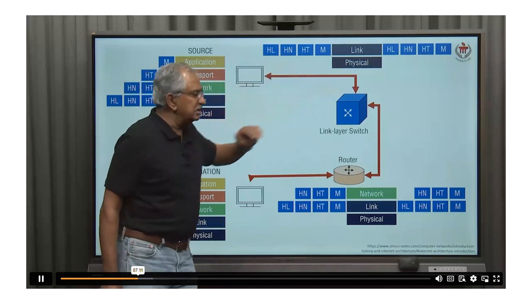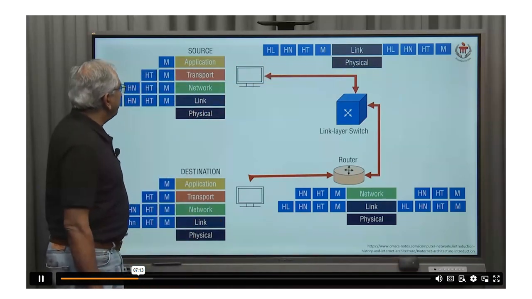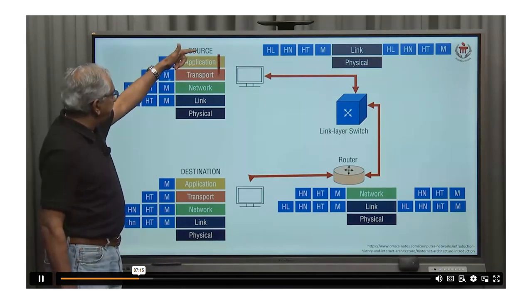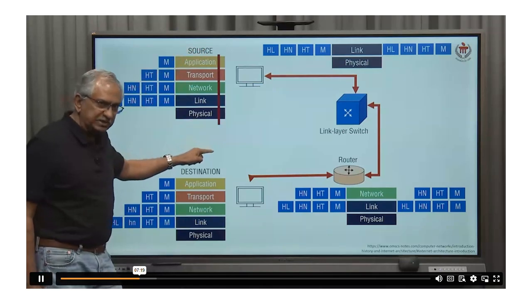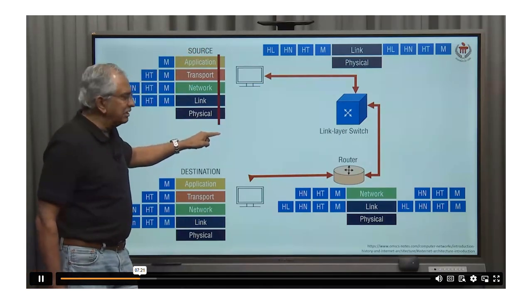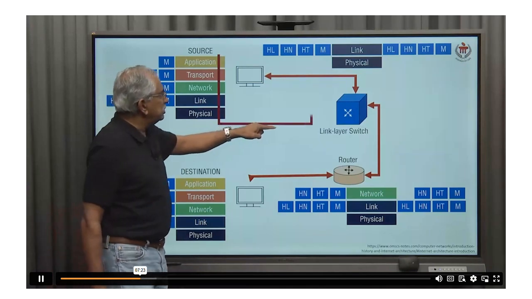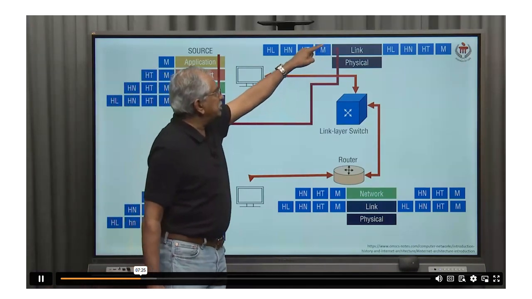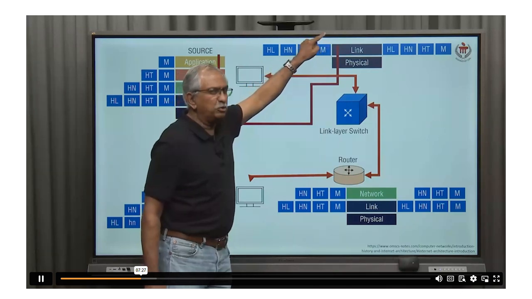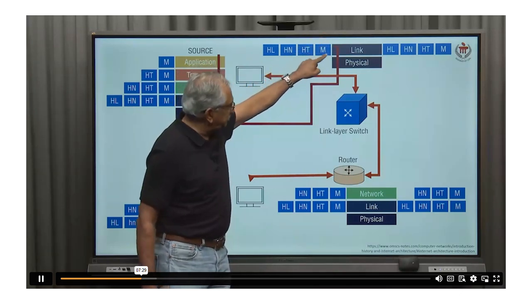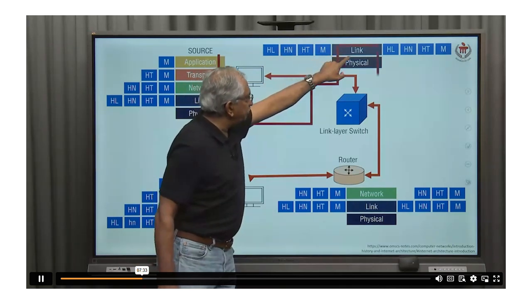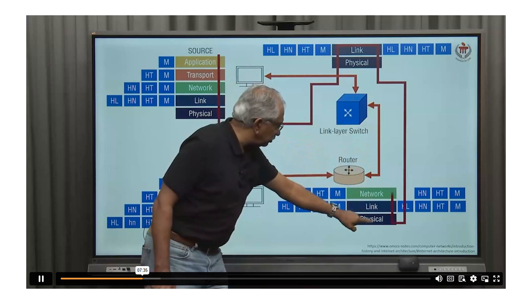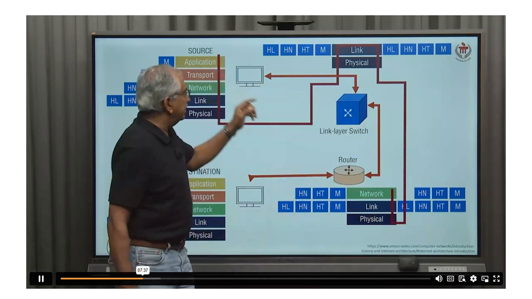So the link is the software, the physical is the hardware. So now what happens? I send a message, it goes down from application to physical, and then it does an amazing journey. It goes all the way up to the switch, up to the link layer of the switch. From the link layer of the switch, it starts another path all the way to the physical and to the network layer.